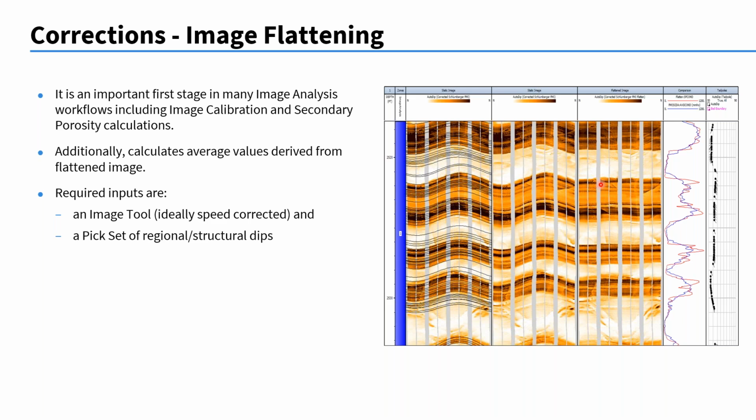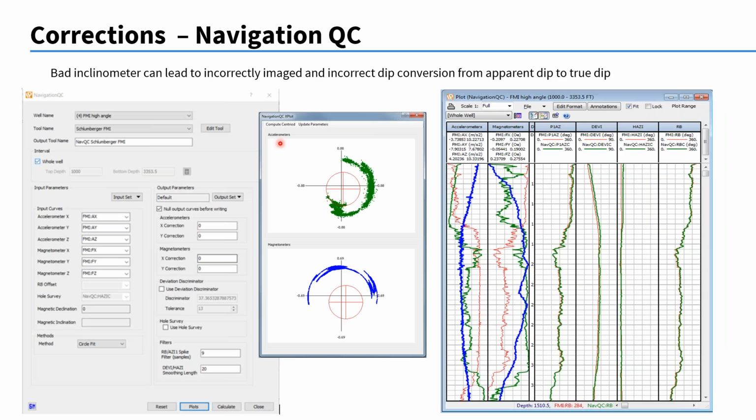So the required inputs for a flattening correction are an image tool, ideally a corrected image, and a pixel of the structural dips. Apart from applying the correction to the images, you may also consider fixing any curves that were acquired incorrectly.